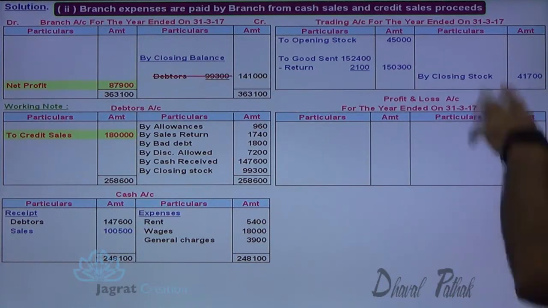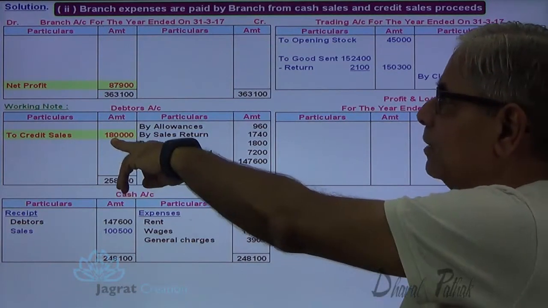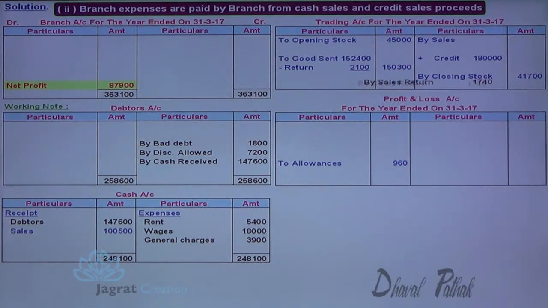Closing balance of debtors cannot be recorded in the trading and profit and loss account, so removed. Now here, credit sales, trading account credit side. Allowances debited to profit and loss account. Sales return deducted from sales. Bad debts debited to profit and loss account. Discount allowed debited to profit and loss account.